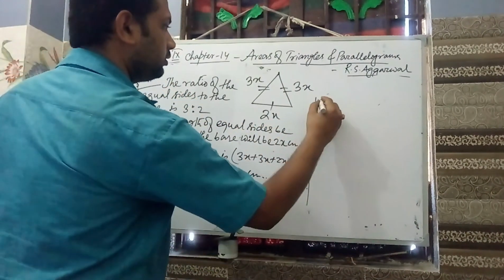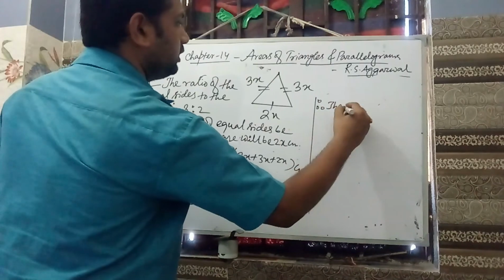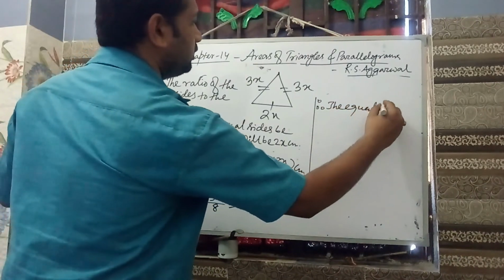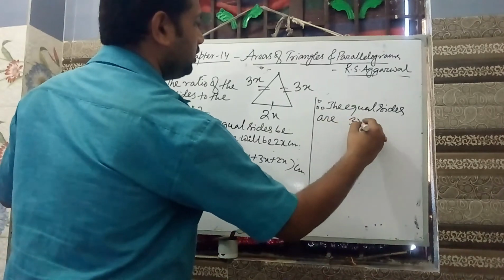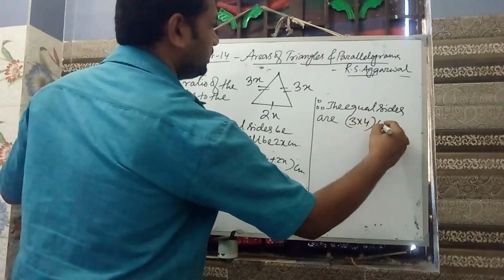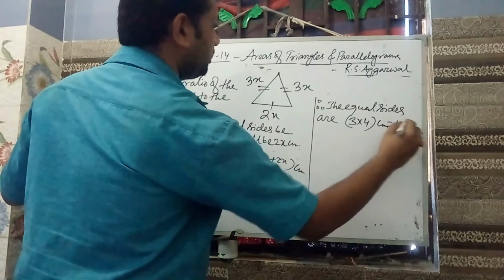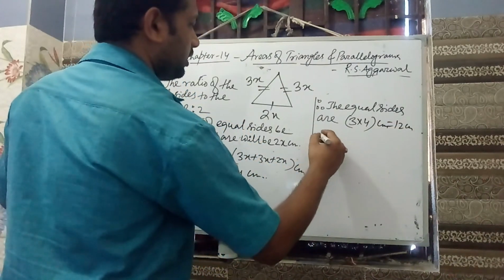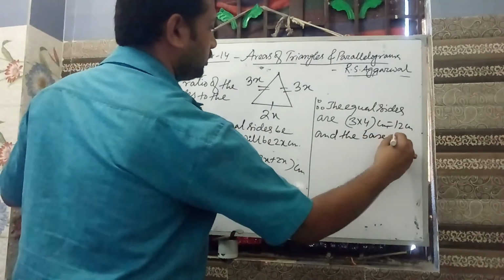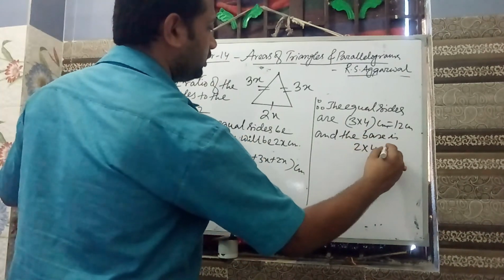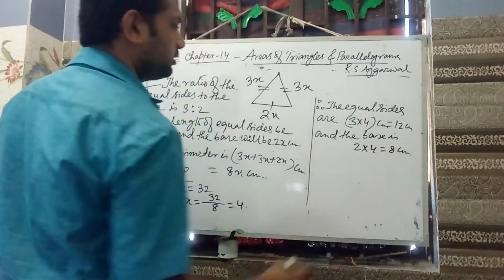Therefore, the equal sides are 3 into 4 centimeter, that is 12 centimeter, and the base is 2 into 4, that is 8 centimeter.